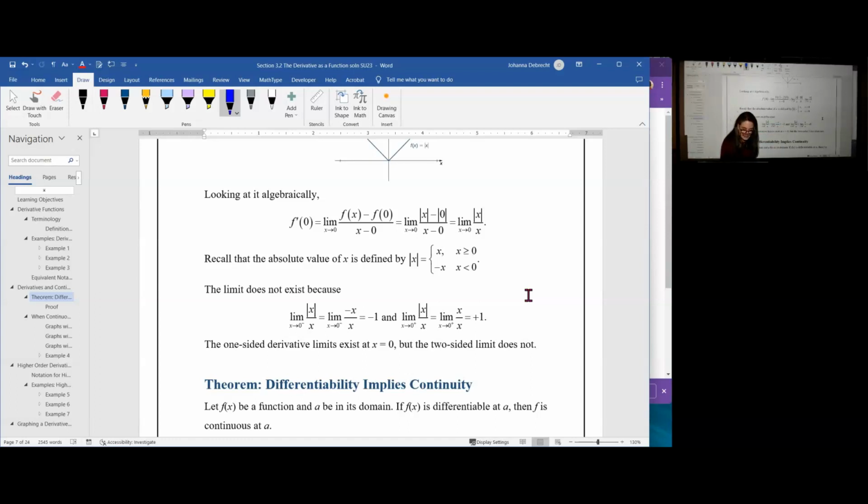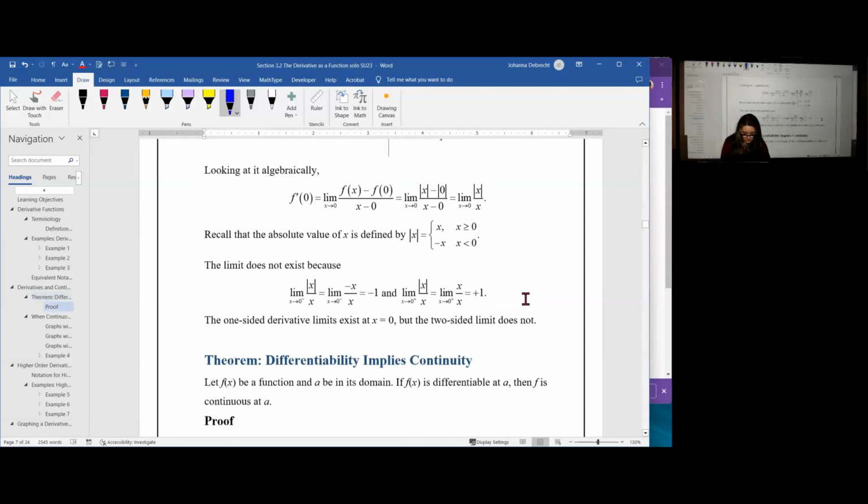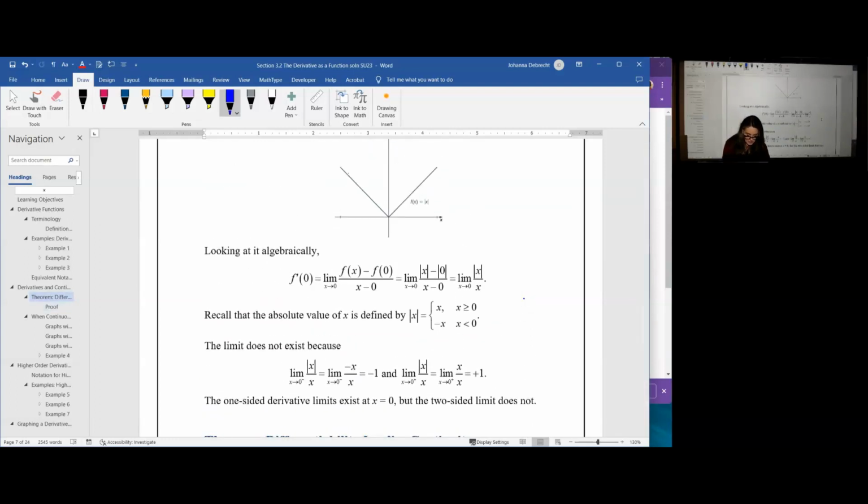This makes sense. If you're looking at this part of the graph, the slope here is -1. And on a slanted line, the slope of the line is the tangent. It is the slope of the tangent line.